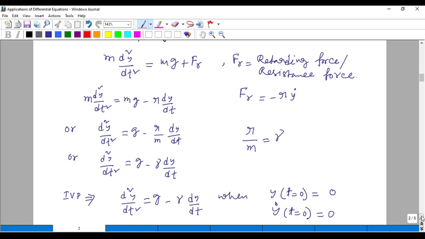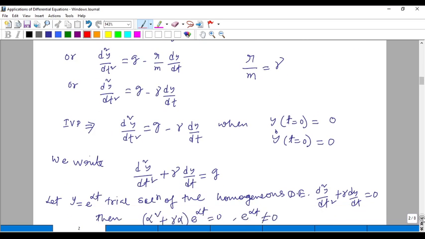Now for the initial value problem, this differential equation is subjected to the initial conditions, that is y is equal to 0 at t equal to 0, and y dot, that is the velocity, is 0 at t equal to 0.